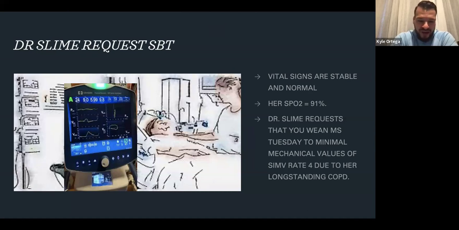Like I said, vital capacity at least a liter. NIF, MIP at least -20 or greater. RSBI less than 100. SpO2 around her baseline. And then making sure her signs and symptoms of failure are absent. So hopefully we get those and we can pull this tube out.